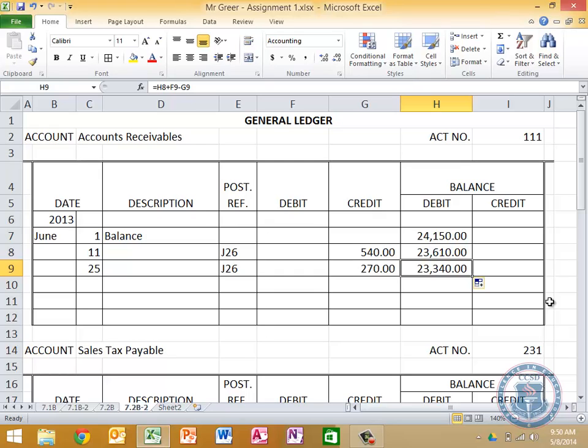Well, because what if we had 50 transactions? Yours isn't going to work on 50 transactions, will it? But weren't you just taking 1 minus this one? Okay, what if this was a positive?